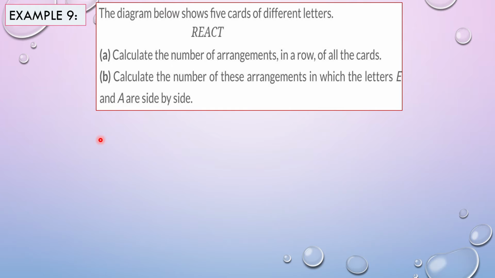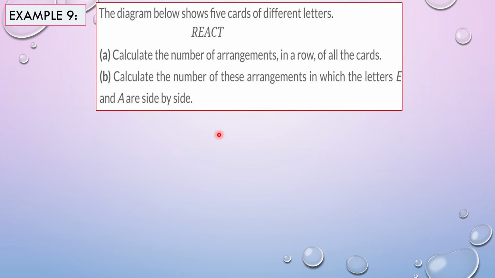Example 9. The diagram below shows 5 cards of different letters R, E, A, C, T. Now first calculate the number of arrangements in a row of all the cards. So first case, we want to arrange all the cards. That means you have 5 letters, arrange all 5.